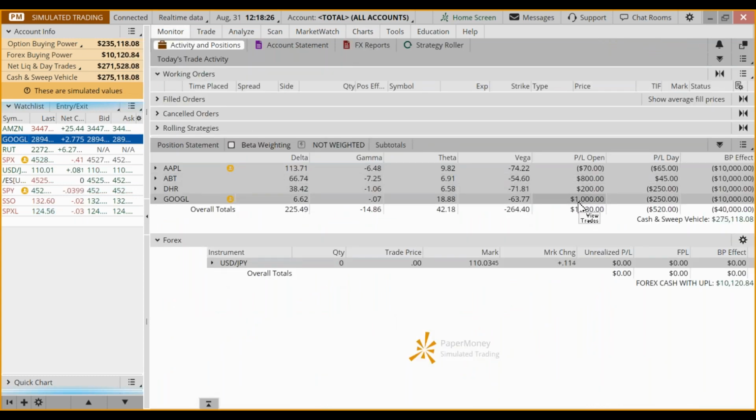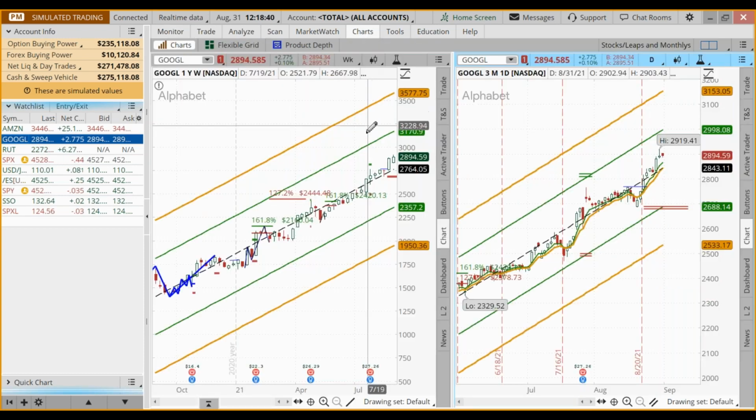I look for about 10% of margin as my profit target. 10% of 10,000 is 1,000. We're there. So then I come back to the chart and I go, this is so strong. Why not let this go a little bit?